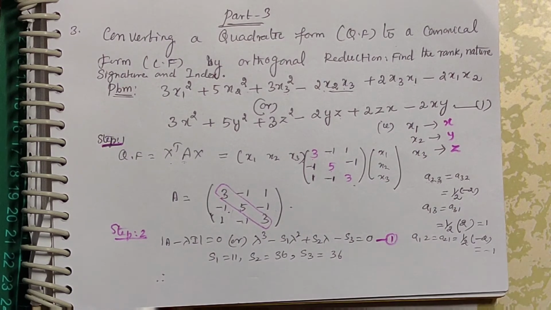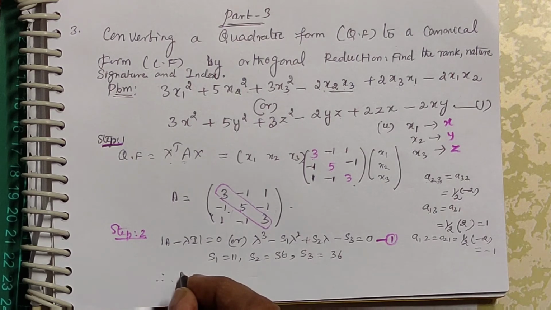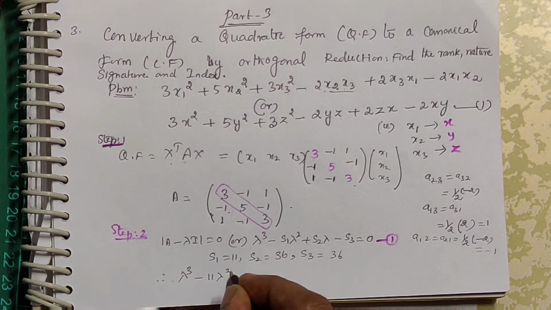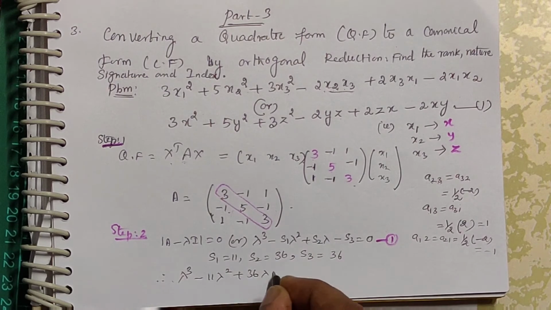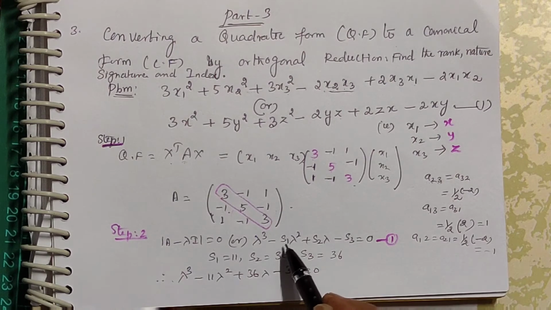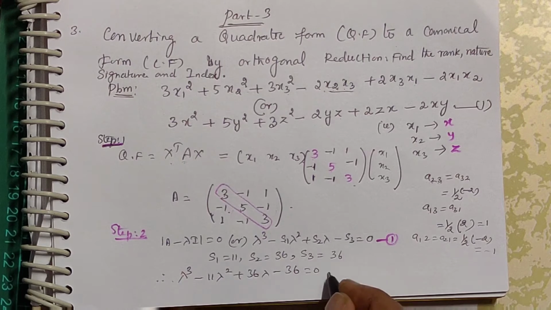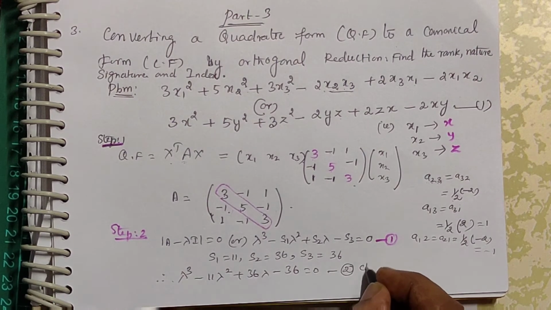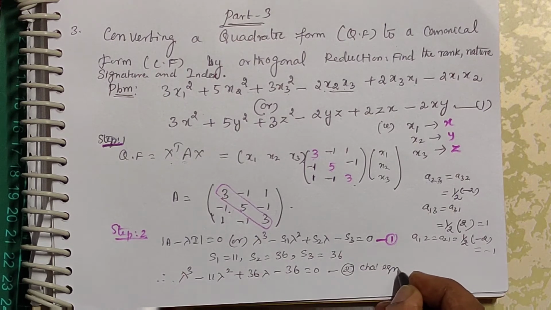The characteristic equation 1 is given by lambda cubed minus 11 lambda squared plus 36 lambda minus 36 equal to 0, because minus S1 means minus 11, S2 lambda is 36 lambda, and minus S3 is minus 36. Now we have to solve this equation in order to find the eigenvalues. This is the characteristic equation.